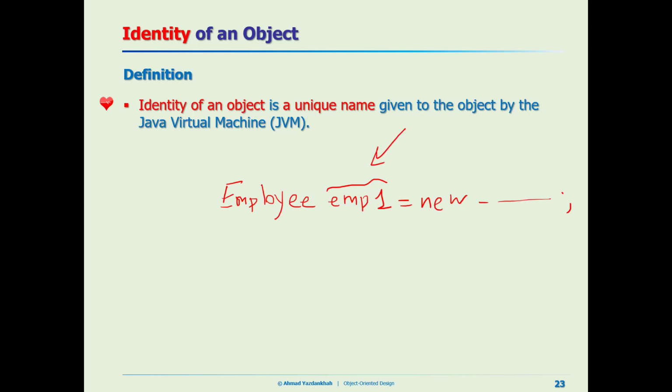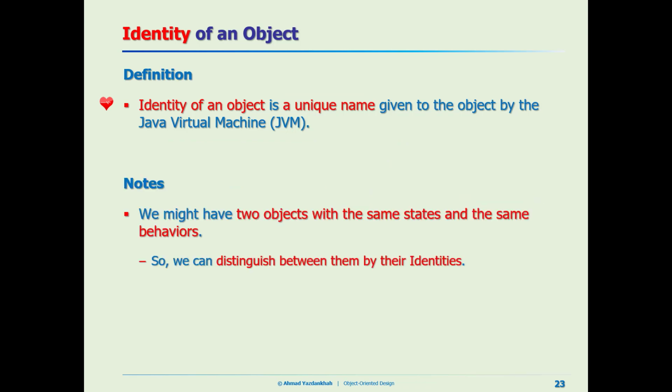But this unique name is something else. It's a hidden name and it will be given to this object by the virtual machine. So that's sometimes the source of some confusion.